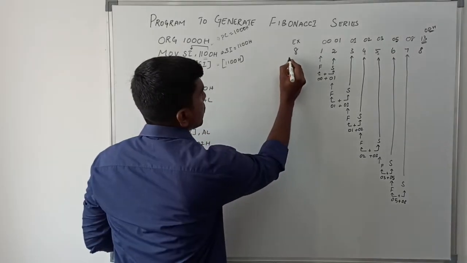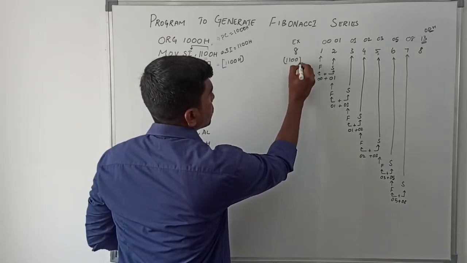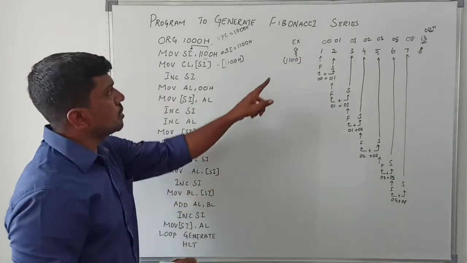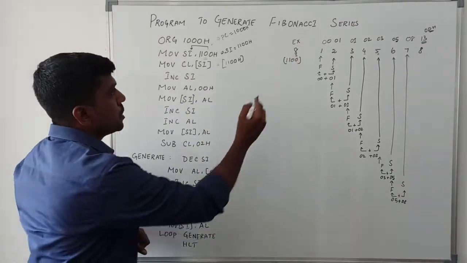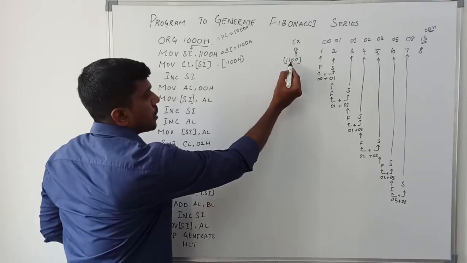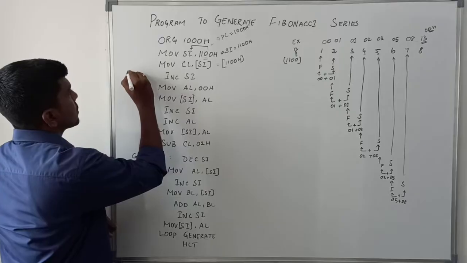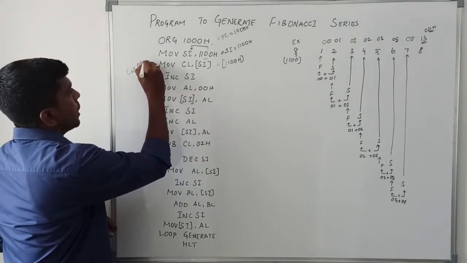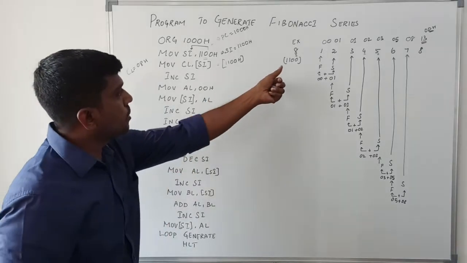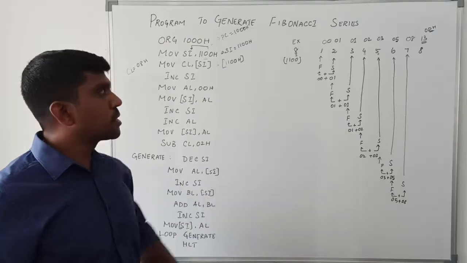This address location holds the data 8. So 8 is the count value, the Fibonacci series count value, held in memory location 1100H. After execution of this instruction, the CL value is 08H. Whatever value is present in this memory location is transferred to the CL register.